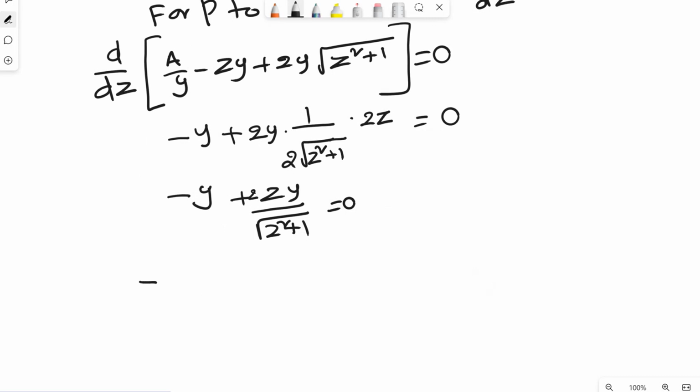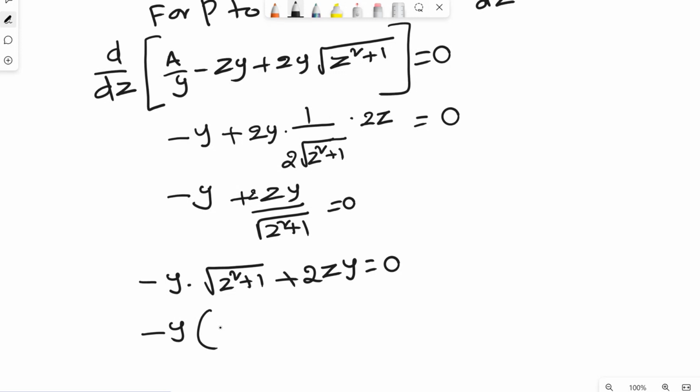So if I take minus y into square root of z square plus 1 plus 2zy is equal to 0, right? Or if I take minus y as constant, what will happen?